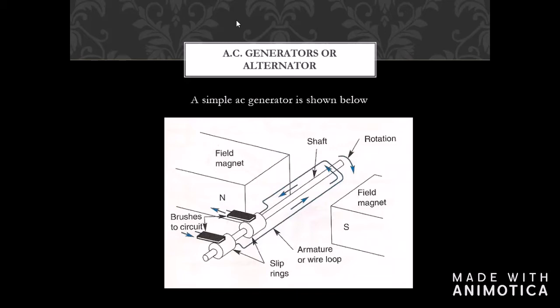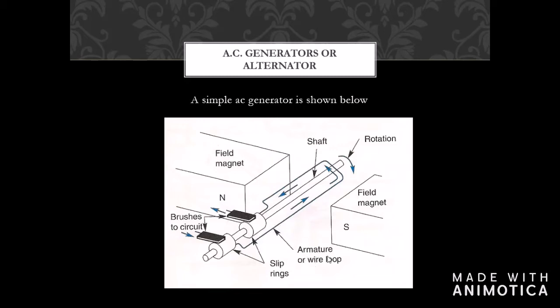Now, as the lines of force are going from the north pole to the south pole, a conductor is placed there, attached to the shaft. So this is the shaft. The shaft is a metal rod that is used to rotate the armature.